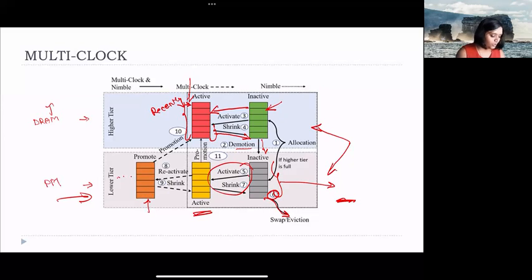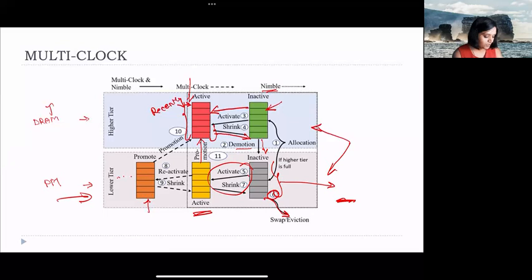Now, in the traditional Linux mechanism, we do not have any way of interaction between these lists across different tiers. What a mechanism like Nimble proposes is to directly promote from the active list of the lower tier to the active list of the upper tier. But in that way, we are still not able to capture frequency.